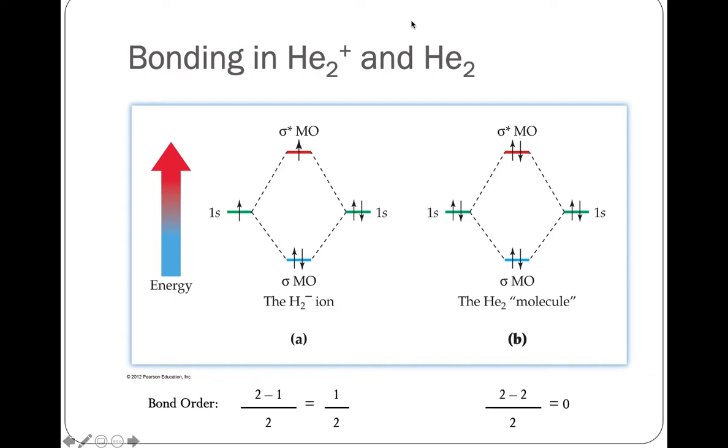But if we get just plain helium, like He2, and try to make diatomic helium by putting 2 helium atoms together, each helium atom has 2 electrons. Our bonding and anti-bonding orbitals are now full, and we get a bond order of 0. And for anything with a bond order of 0, there is no energetic reason for them to want to make a molecule.